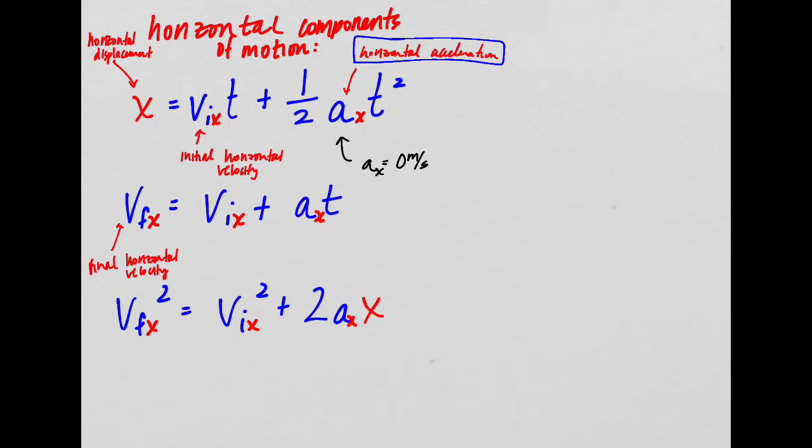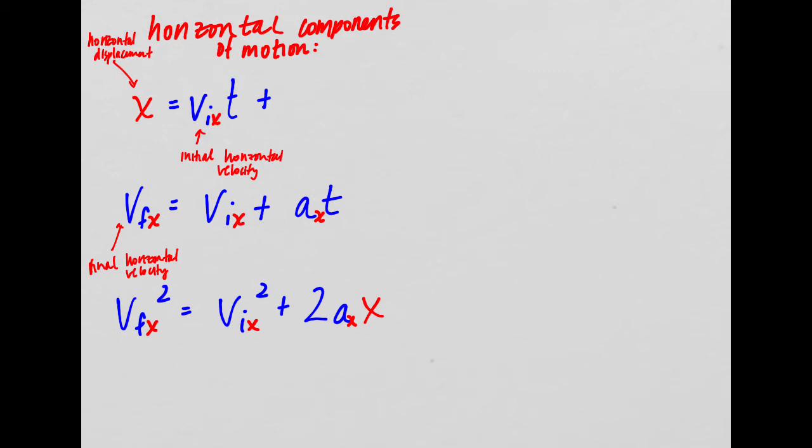Only the force of gravity, which is a vertical force, pulling it straight down. Therefore, every place we see this ax here, this is a 0. If I have 1/2 times 0 times t squared, this whole term becomes 0. So this all gets erased. That whole thing is erased. Goodbye. Because acceleration is 0.